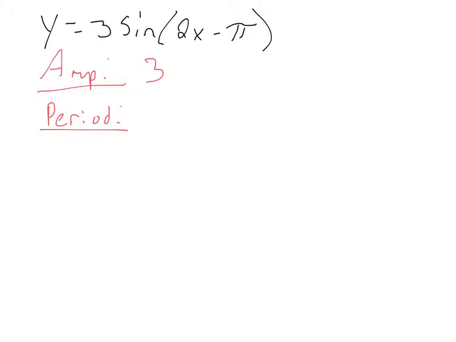If we know what omega is, how do I find my period? Yeah, it's the original period, 2 pi, divided by whatever the multiplier is, right? So it's pi. Now, the phase shift, we have to do a little factoring to figure out what the horizontal shift is. We have to rewrite this as 3 sine of 2, and if we factor out the 2, we end up with x minus what?